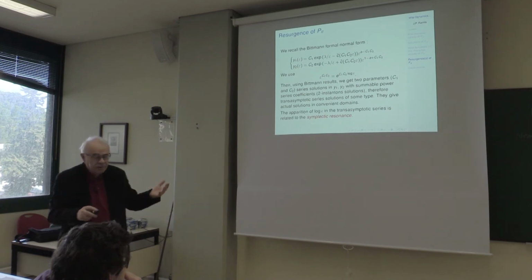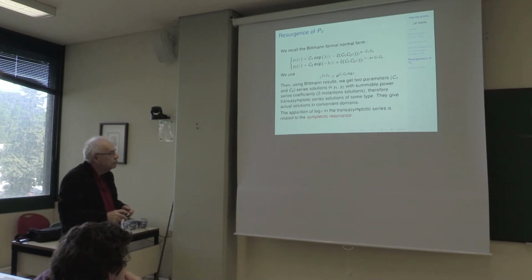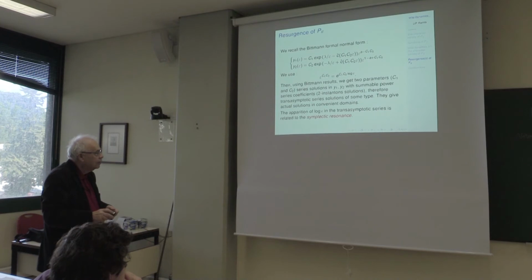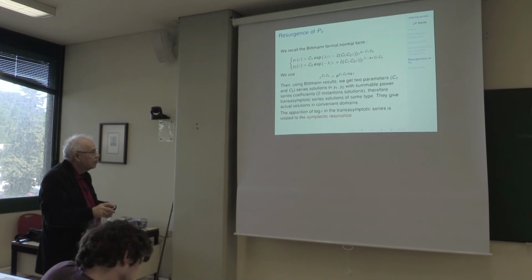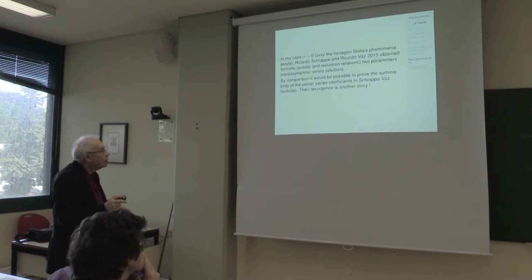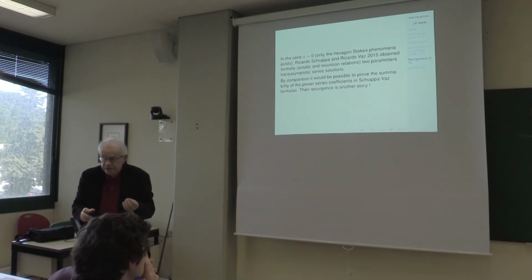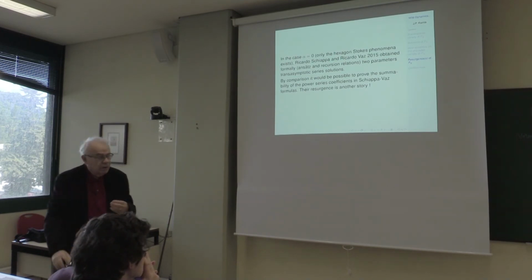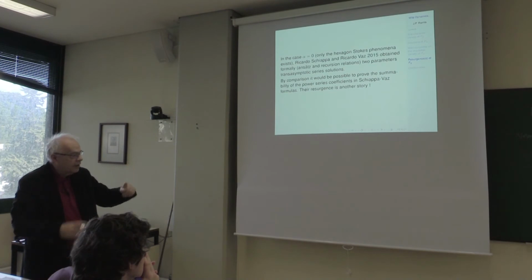So you get a transasymptotic series of some type. And now, the apparition of the log in the transasymptotic series, which is not generic, is related to the symplectic resonance. So the case alpha equals 0 is a special case. In that case, we have a rational solution. The triangle became free lines.